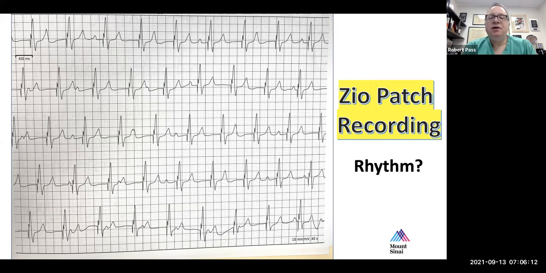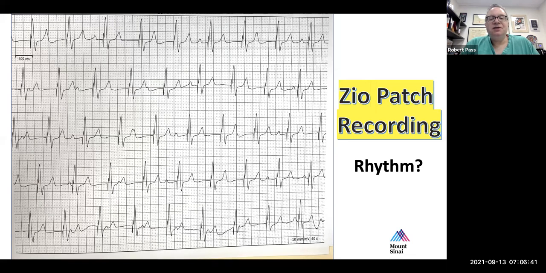When people have WPW, they actually have two possible ways to associate the P waves to the QRSs, right? They have the pathway which will conduct from A to V, and they have their own AV node, which will conduct from A to V. So people with WPW actually have a very close relationship between the P waves and the QRSs. There should always be a QRS after every P wave.